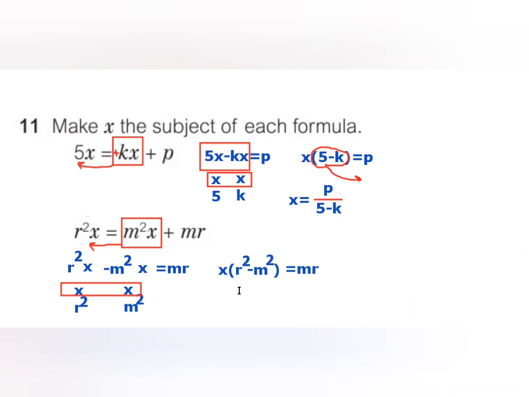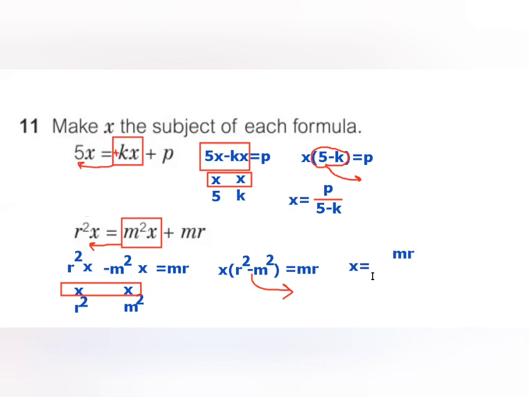Now, we still have one step because we need the x alone. So I'm going to take the whole bracket to the other side, because it's multiplied. I'm going to take it by dividing. So I end up with what? I end up with x equals mr divided by what?